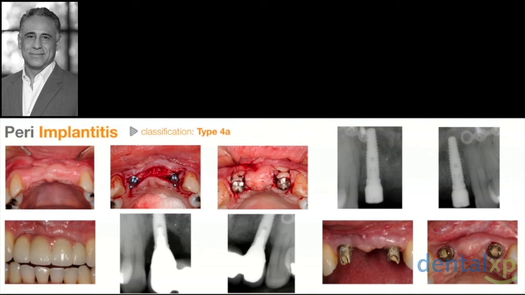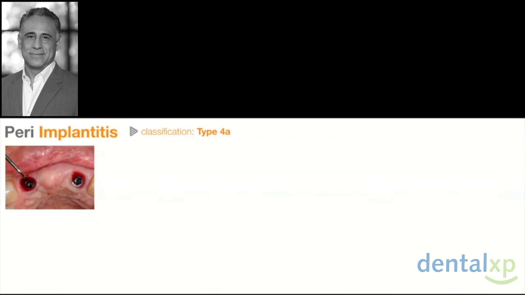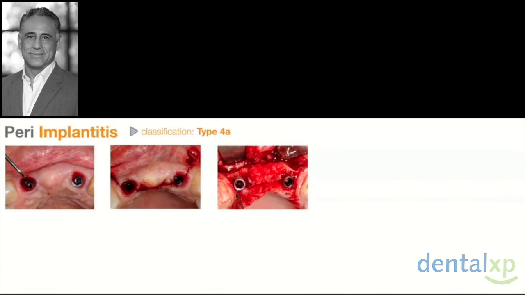However, noting that the soft tissue level has not changed. There's really more of a pocket in the area. And the treatment at this point was to remove the implants and restore the bone.